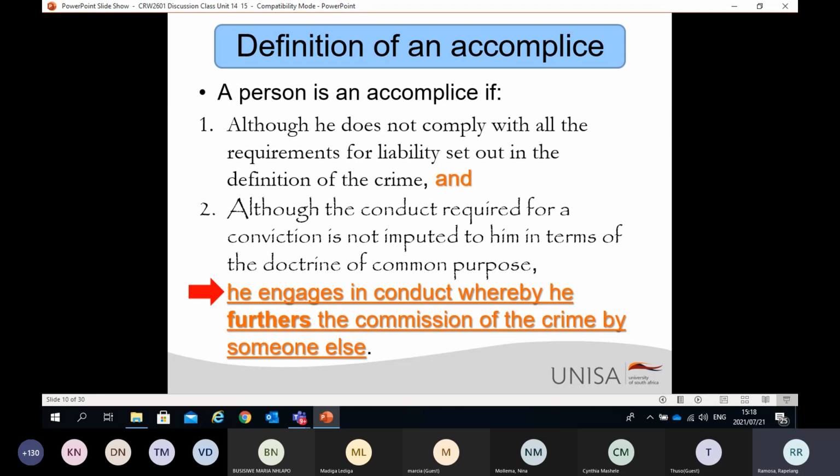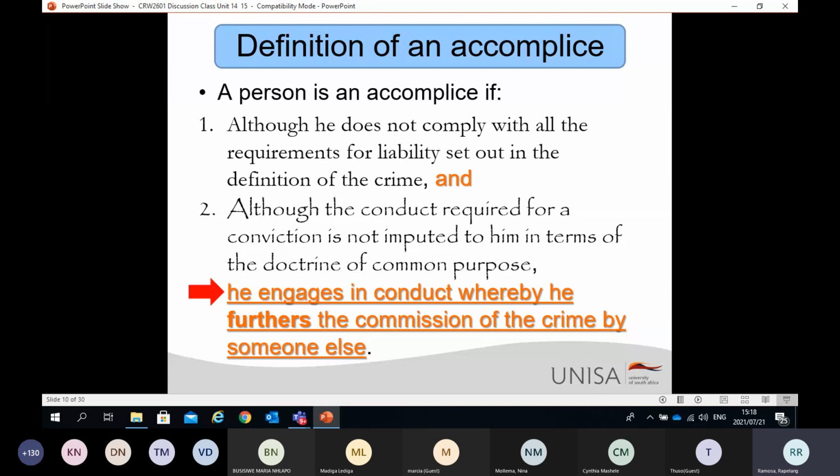Now, I want to stress this because it is so easy, or shall I say, those of us who were once lay people, and many lay people would just say that if Y, for example, is X's sidekick, then we would say that Y is an accomplice. But Y could easily be a co-perpetrator if we apply the technical definitions concerned.